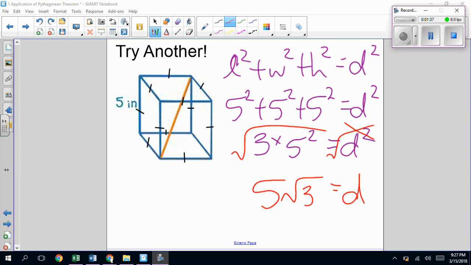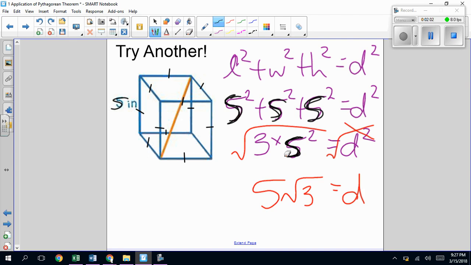So notice here, if instead of 5, I had s for side, we could treat this like a variable. Let's say it was an s for side. It would work out the same way. Side squared plus side squared plus side squared would be 3 times side squared.